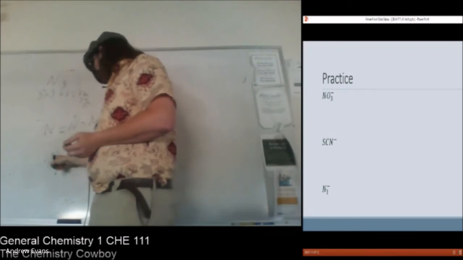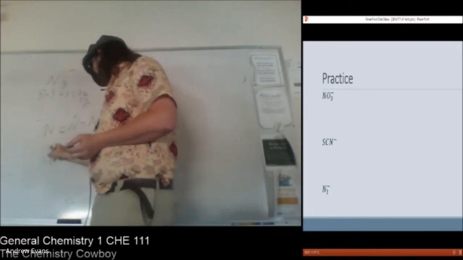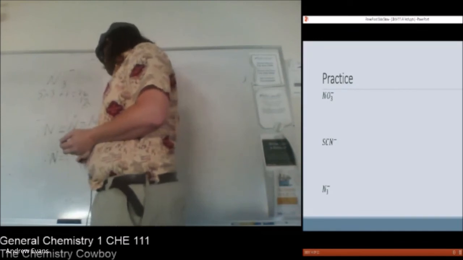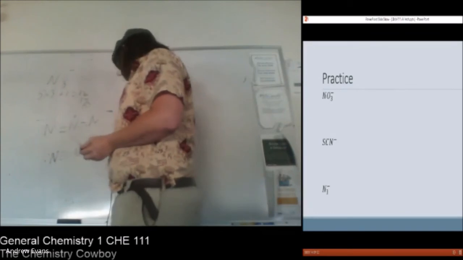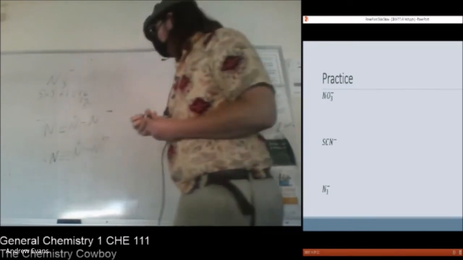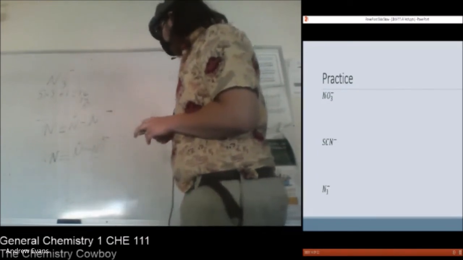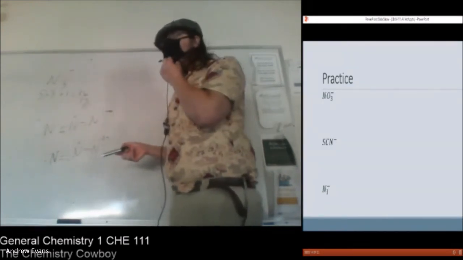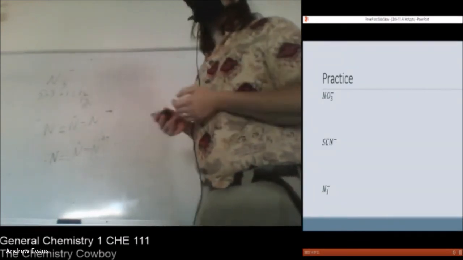Looking here, 1, 2, 3, 4, 5. Formal charge of 0. 1, 2, 3, 4. Formal charge of plus 1. 1, 2, 3, 4, 5, 6, 7. Formal charge of 2 minus. So with these two structures, no matter what, we're going to get a positive charge on the center nitrogen.